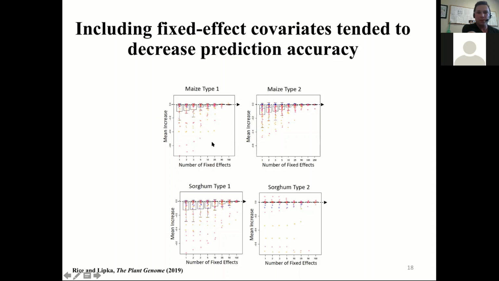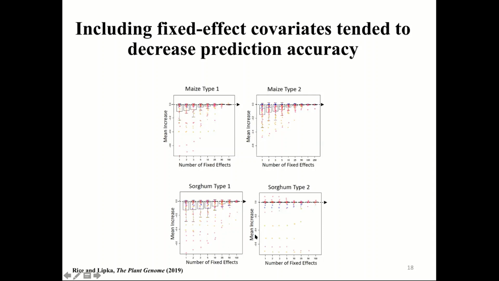Okay, fantastic question, and thank you for that question, Anna. So, indeed, most of the time we see a decrease in prediction accuracy in our results. However, there are certain instances where we do see an increase in prediction accuracy.